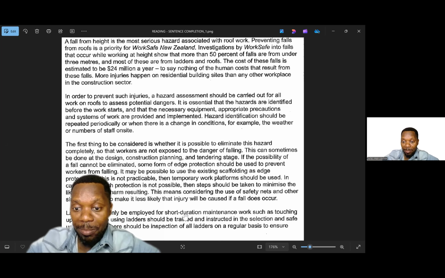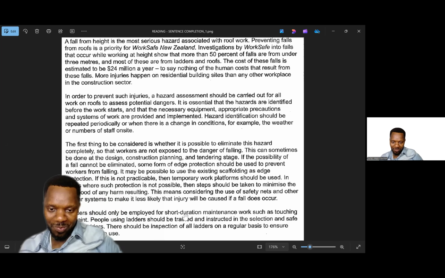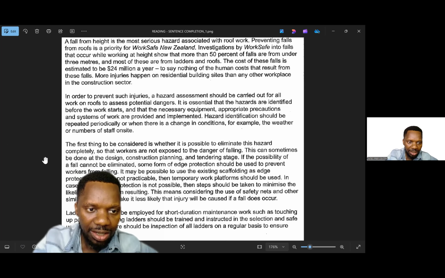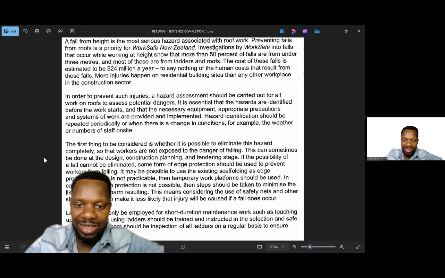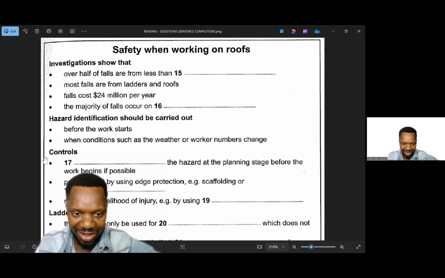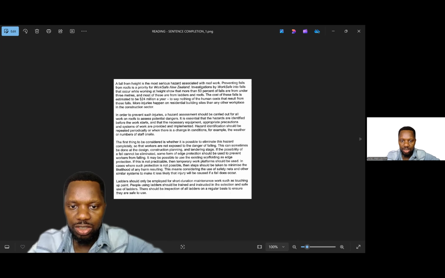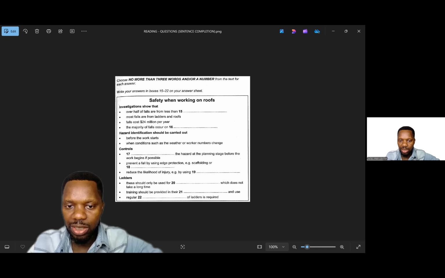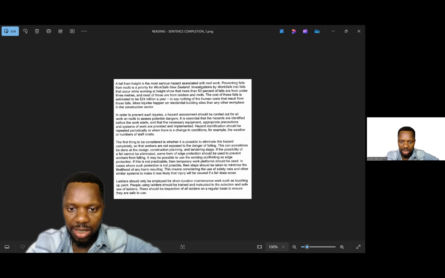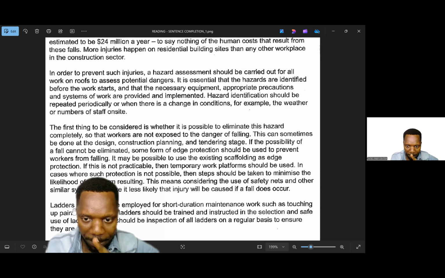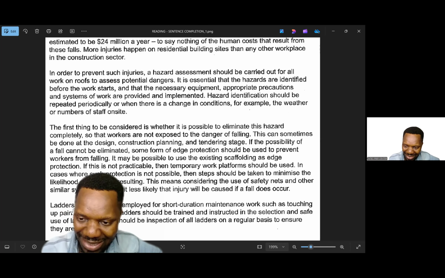So we're looking at maintenance work, because short duration has been established in the question. Look at it here, which does not take a long time. Any other thing we are looking for should be another answer that excludes short duration. So maintenance work is our best answer.